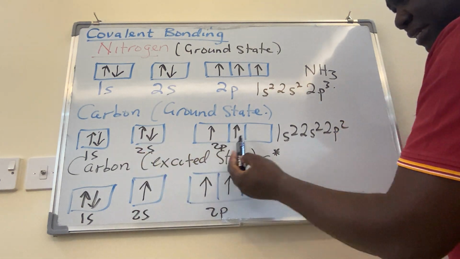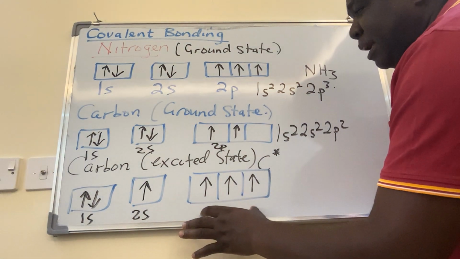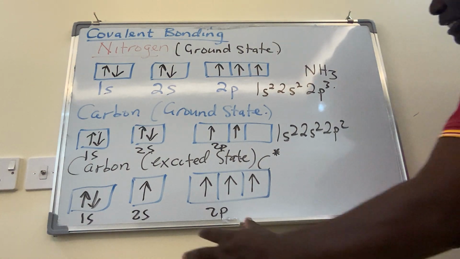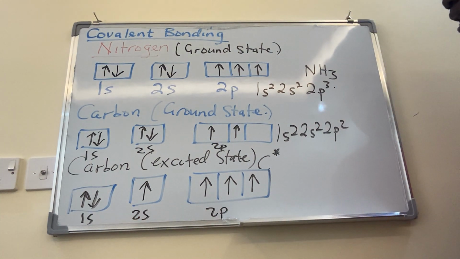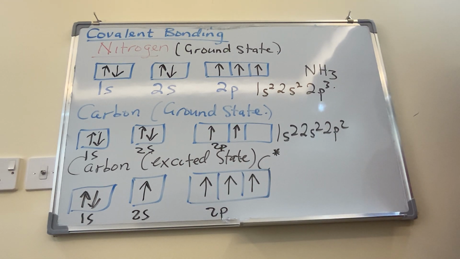We now have 3 unpaired electrons in the p and 1 unpaired in the s, so this second shell now has 4 unpaired electrons.